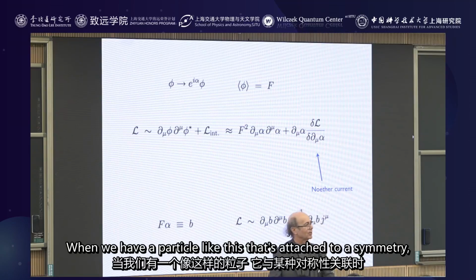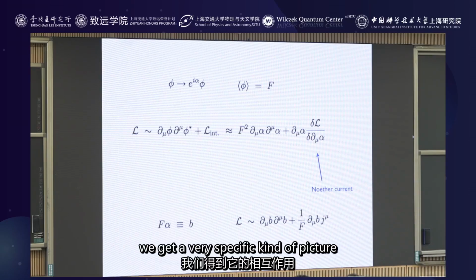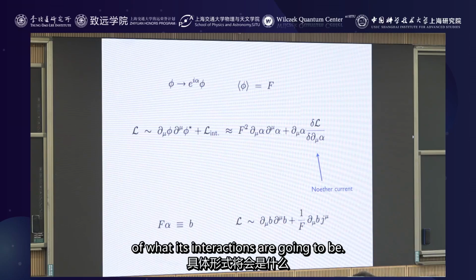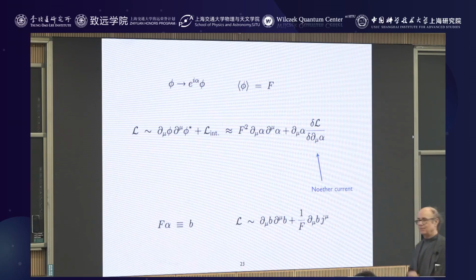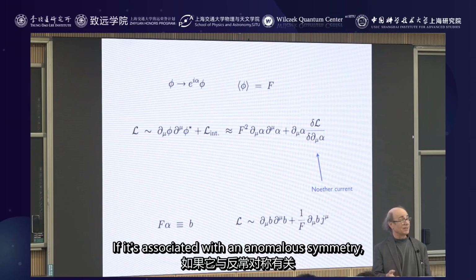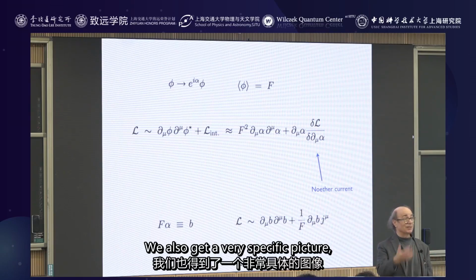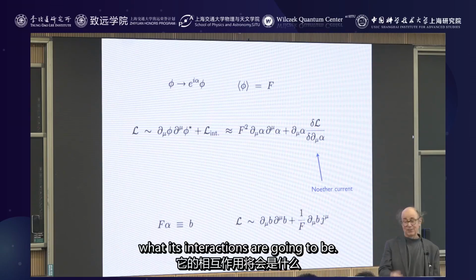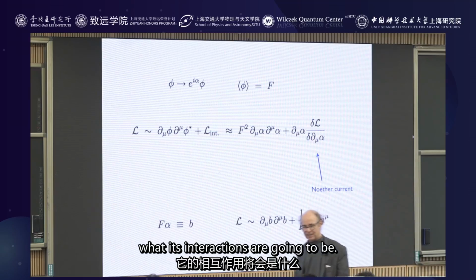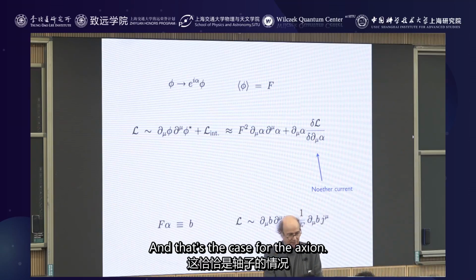So when we have a particle like this that's attached to a symmetry, we get a very specific kind of picture of what its interactions are going to be. And if it's associated with an anomalous symmetry, we know the form of the anomaly, we also get a very specific picture of what its interactions are going to be. And that's the case for the axion.